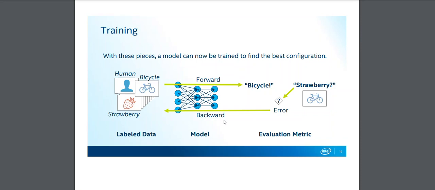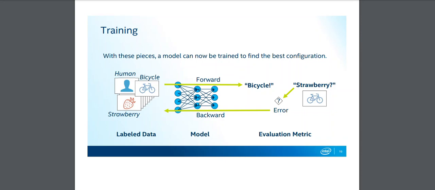With these pieces, a model can now be trained to find the best configuration. We've got different images. We've got forward and backward propagation, not something we're going to deal with in this course. We want to determine what type of image this is. Is it bicycle, human, strawberry?